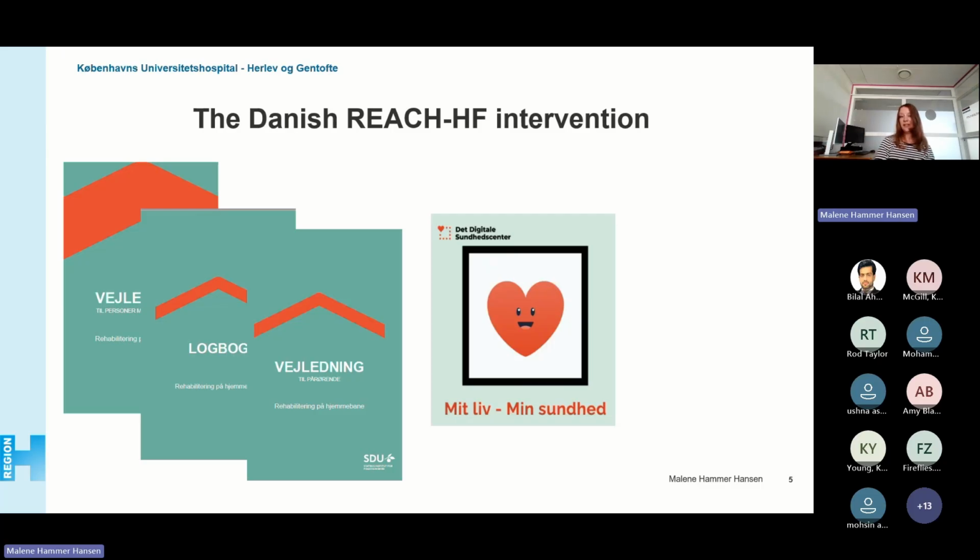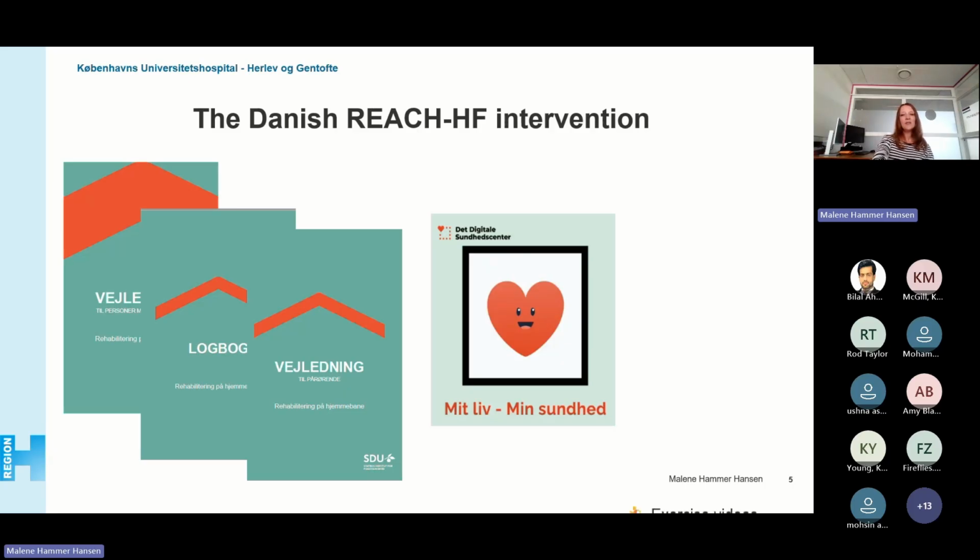And of course, physical activity was a key part of the program. And depending on the participants' abilities and preferences, and again in line with the UK, participants could follow a chair-based exercise program, a progressive walking program, or in the perfect world, a combination of both.